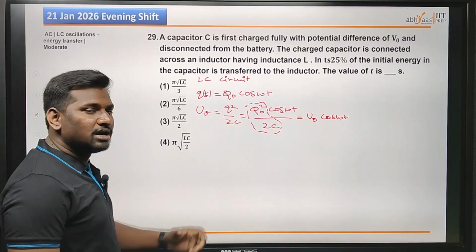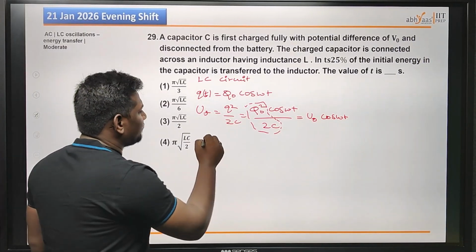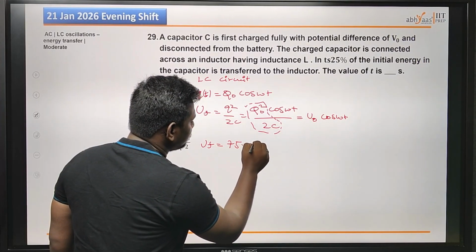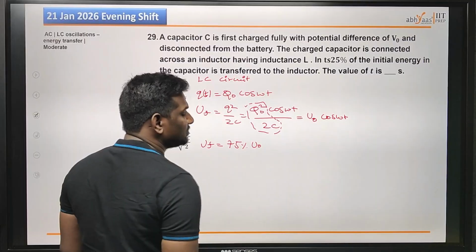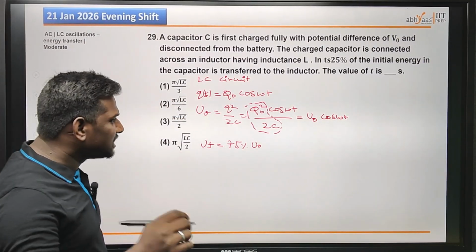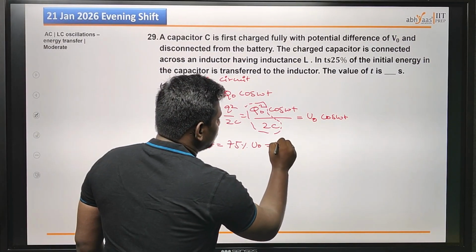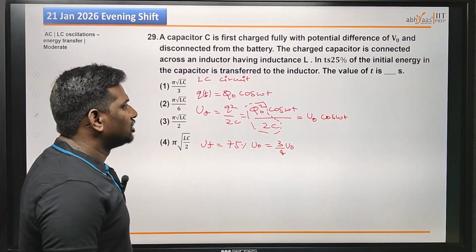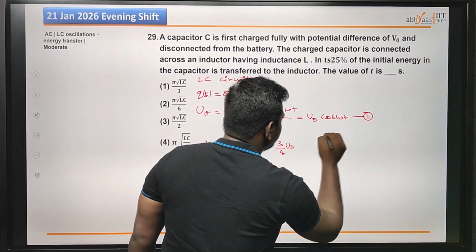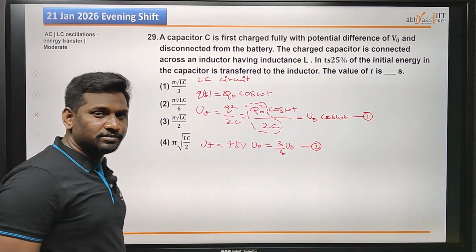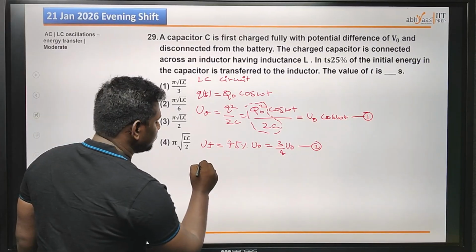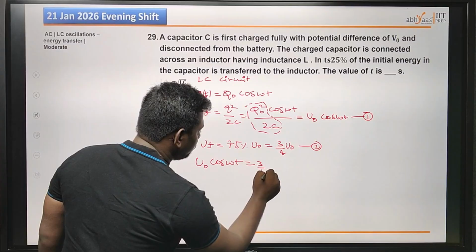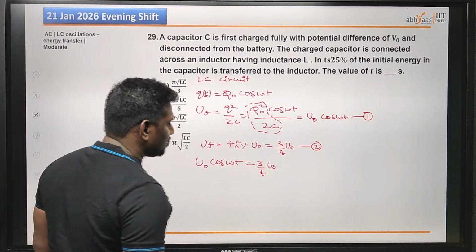What have they given in the problem? The final energy is equal to 75% of the initial energy, that is 3/4 of the initial energy. So if you take these two equations, you will get U naught cos square omega t equals 3/4 of U naught.